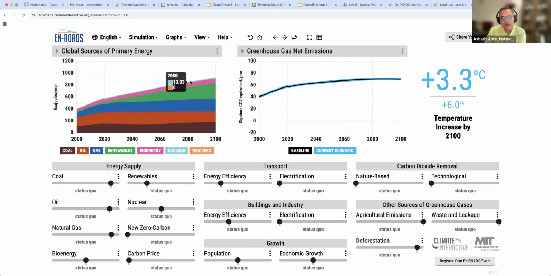It's projected to grow a little bit, but again, not by a lot. There's another one here called New Zero, and you won't see this on the chart yet, and I'll explain why in a moment. But these are our primary sources of energy, and we can clearly see at a high level that our energy use continues to grow right up to the end of the century and beyond. And as a result, greenhouse gas emissions continue to grow almost till the end of the century. And also, this is the resultant temperature increase that we might see.